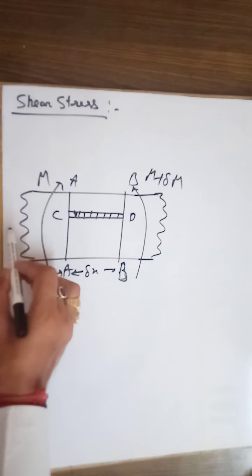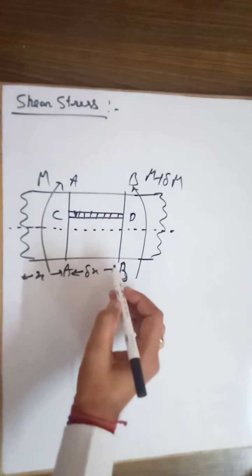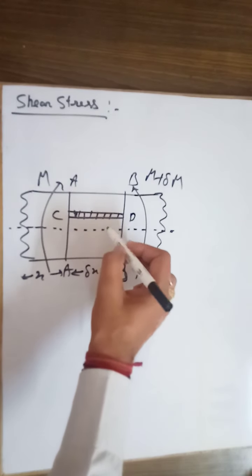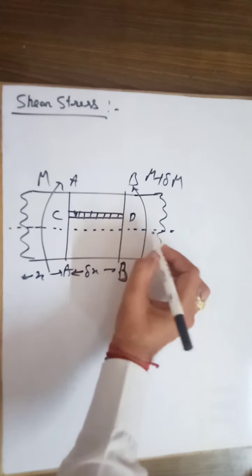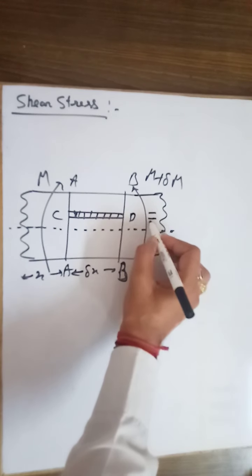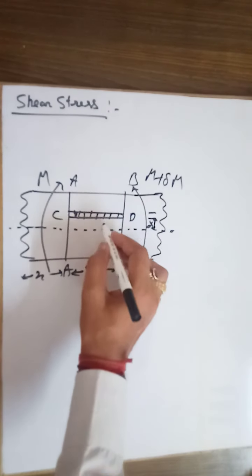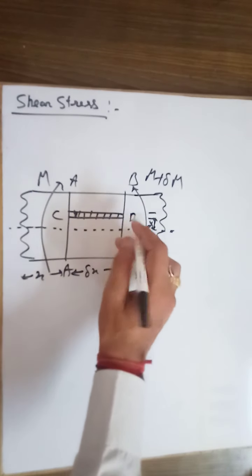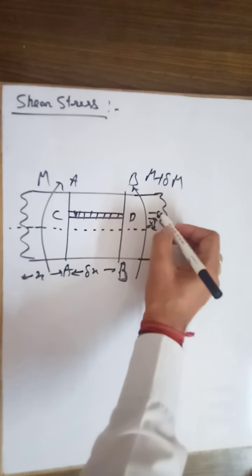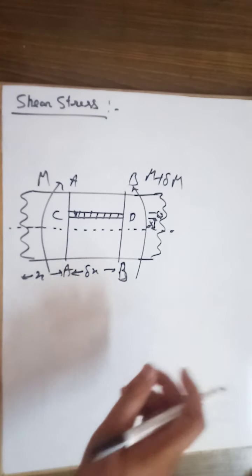If the neutral axis of this beam is considered here, this CD is at a distance y from the neutral axis. The width of this CD we may consider as delta y, and it is also the thickness of this beam element CD.